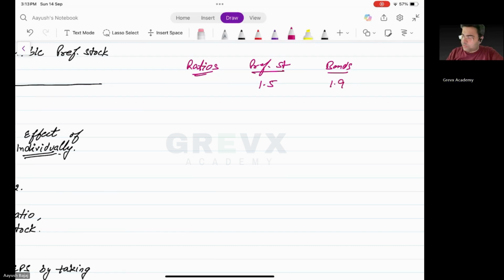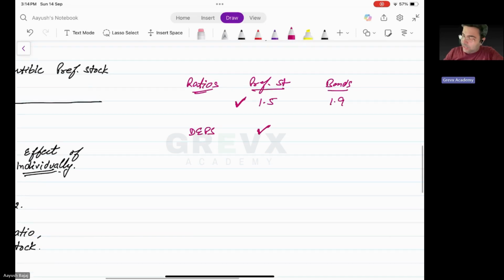Which one will you include? 1.5. You'll go with preferred stock first. You'll calculate diluted EPS considering only the preferred stock. Now, suppose the basic EPS is 2.1.